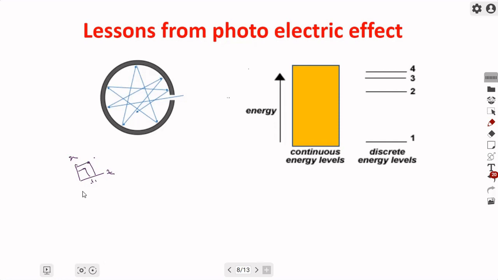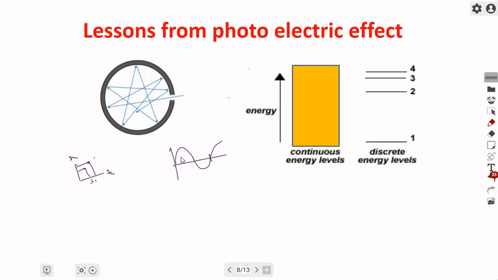Light, on the other hand, is considered to have zero mass, and its position in space cannot be determined because a wave is a diverse thing. So up to this point, it's a complete wave.